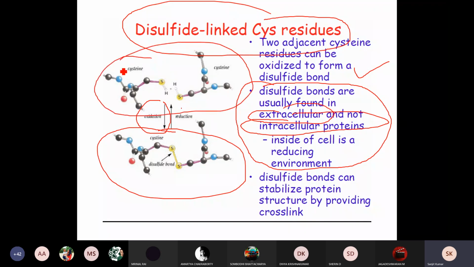So that boy is correct. The inside of the cell is a reducing environment, so it does not form the disulfide bond. Disulfide bonds can stabilize protein structure by providing cross-linking; I am going to discuss that after next week or after that. Okay.